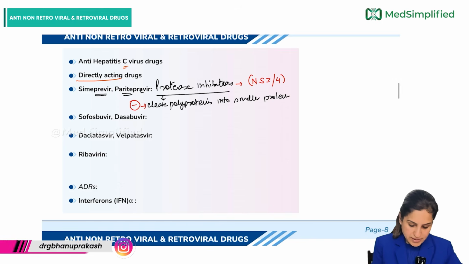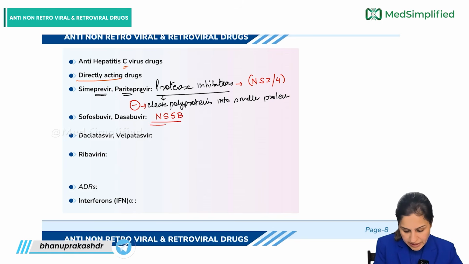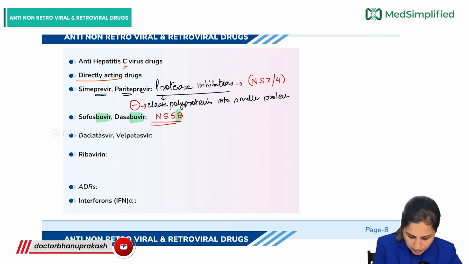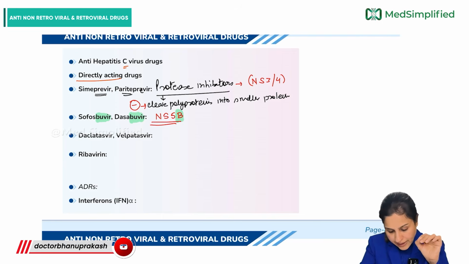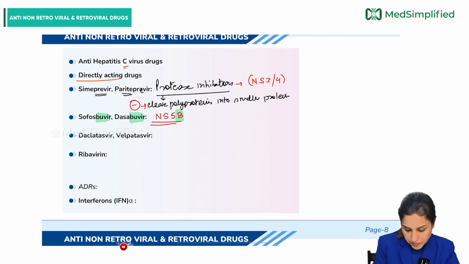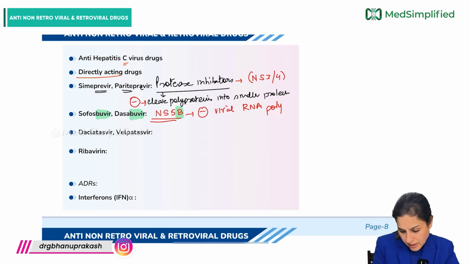The second target is NS5B, right? They target NS5B and the drugs are sofosbuvir and dasabuvir. So here, how can you remember? They have buvir, B-U-V-I-R. So B, remember, they are going to target the NS5B. And when they target this NS5B, they inhibit the viral RNA polymerase.